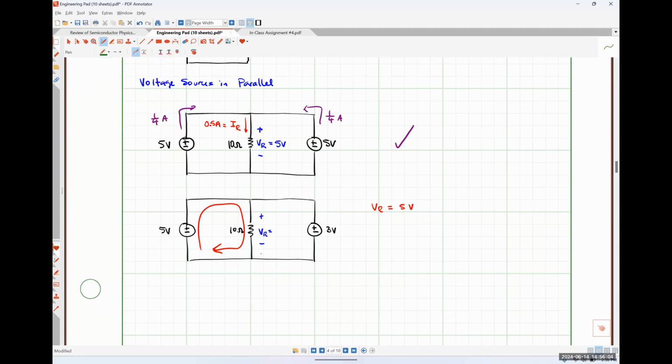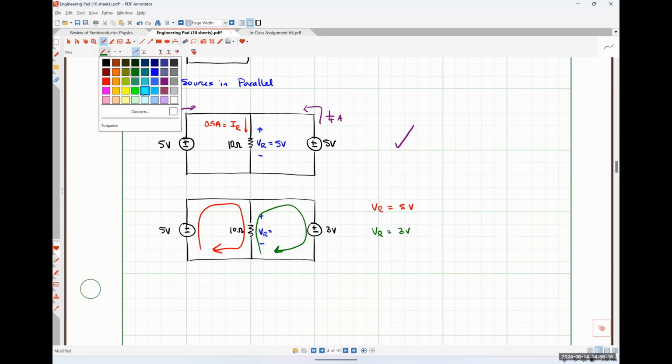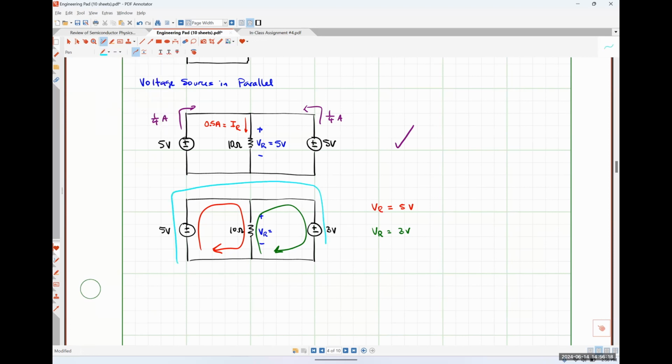If instead we wrote a KVL equation around this right-hand loop, we would see that VR is equal to 3 volts. If we wrote a KVL equation around the outside, we would see that 5 volts is equal to 3 volts. That literally can't happen, right?